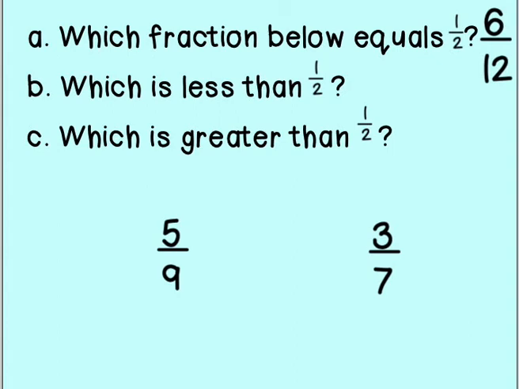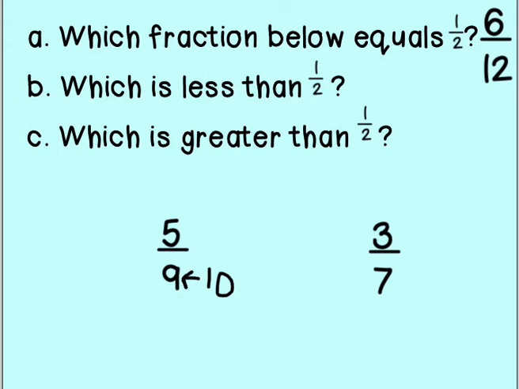Now I have two fractions left. Which is less than 1/2? Now, to figure out which one is less than 1/2, the first thing I need to do is figure out what is 1/2 of these numbers. Now, 5 times 2 is 10. That number is bigger than the number that I have on the bottom of my fraction.